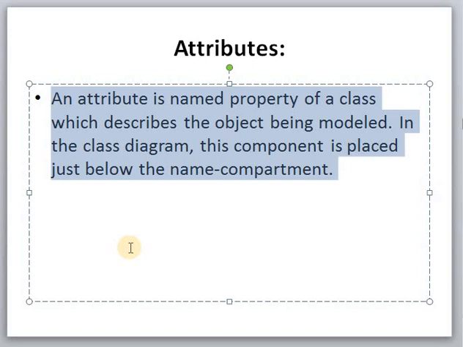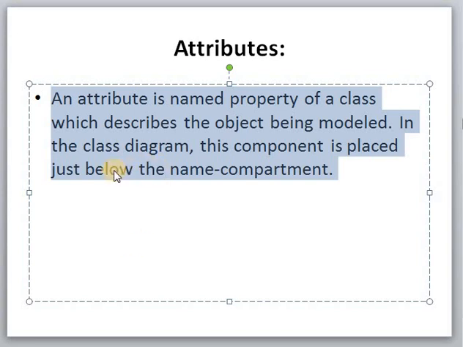So basically, the set of attributes are used to define the qualities of that particular class's instances. Every class has a specific set of attributes. In the class diagram, this component is placed just below the name compartment.